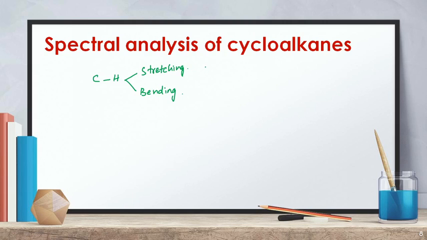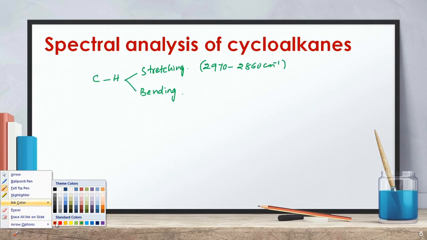Stretching will be observed in the range of 2970 to 2860 centimeter inverse. So this is the range of CH stretching vibrations. Now what about the CH bending vibrations? CH bending vibrations are also given for clarity, for both the methylene and the methyl group.